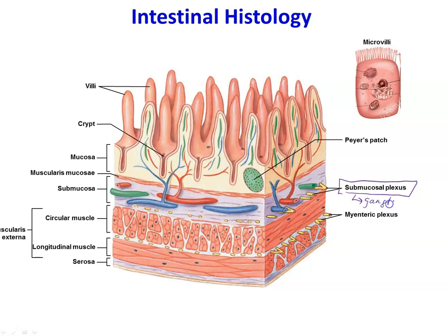These are ganglia, right? The ganglia that are going to help me control the activity of the GI tract. And then embedded within the muscularis externa, that's my myenteric plexus that also has ganglia that are going to allow me to control the major motility of the GI tract.